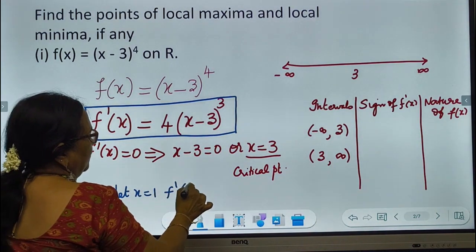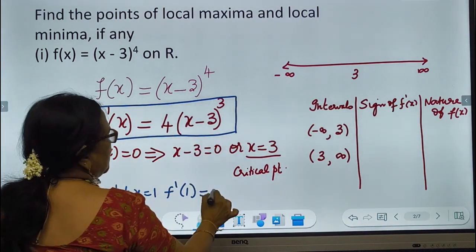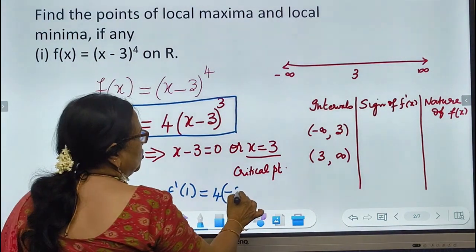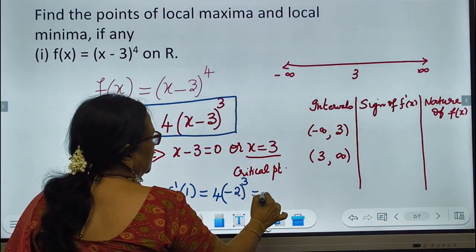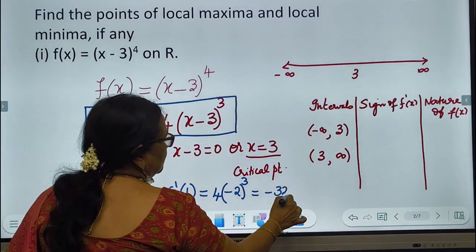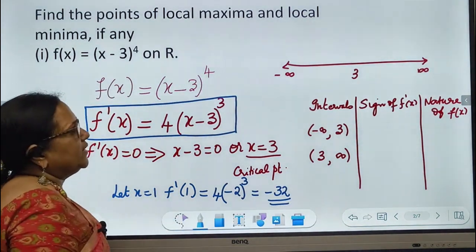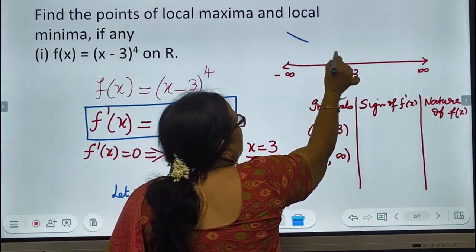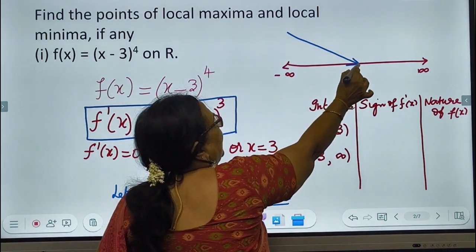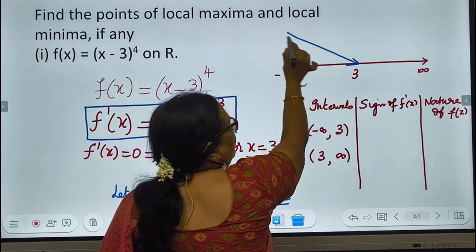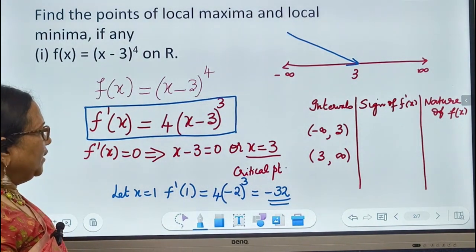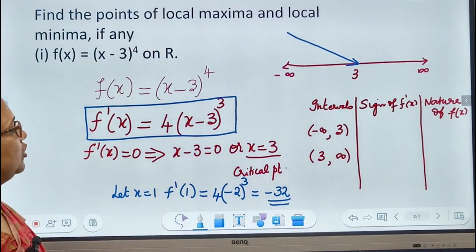F dash of 1 will be 4 into (1 minus 3), which is minus 2, cubed. So minus 8 into 4, minus 32. So it is decreasing. The way I draw it, my arrow itself should indicate how the function is decreasing up to 3.